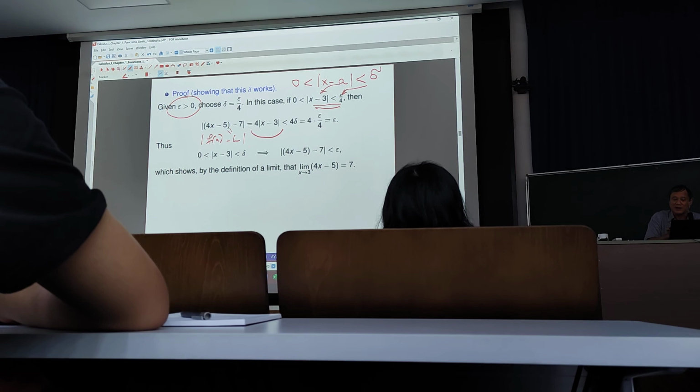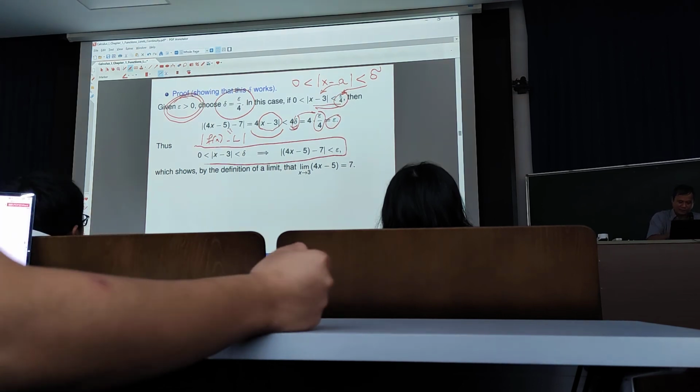Because the modulus of x minus 3 is less than delta, you write less than 4 delta. Because this is less than delta, and delta is epsilon over 4, you change delta to epsilon over 4, you get epsilon. Done? You already proved that if epsilon is given, you choose delta as 1/4 of epsilon, then you always have this.